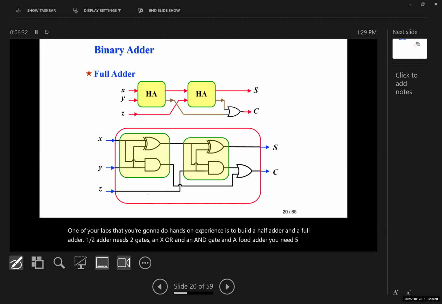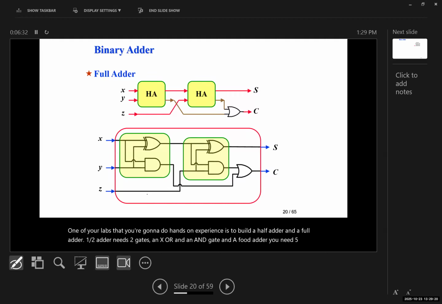C2 would be equal to G1 plus P1 C1, which, if we want to simplify C1, is equal to G0 plus P0 C0. So I can put it here. And finally, C2 would be G1 plus P1 G0 plus P1 P0 C0. In the same way, C3 is going to be G2 plus P2 C2.